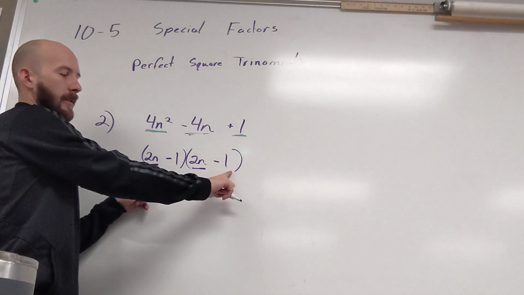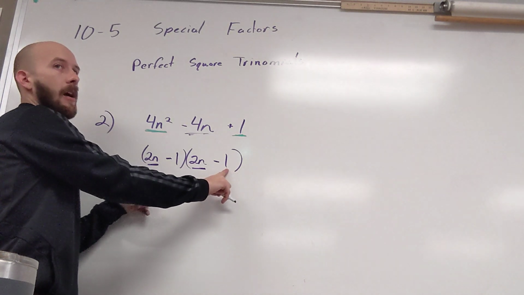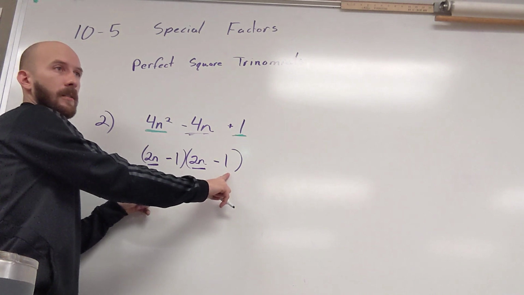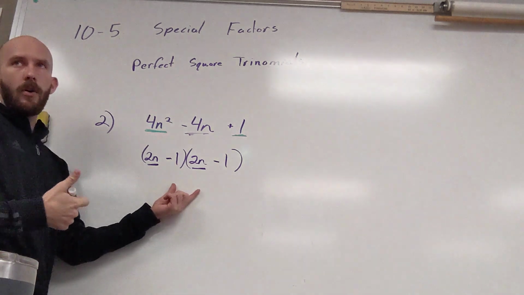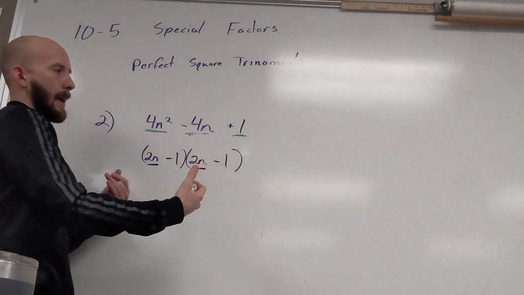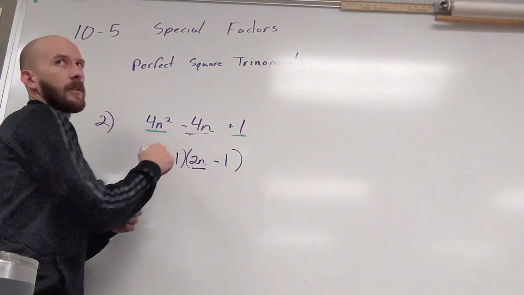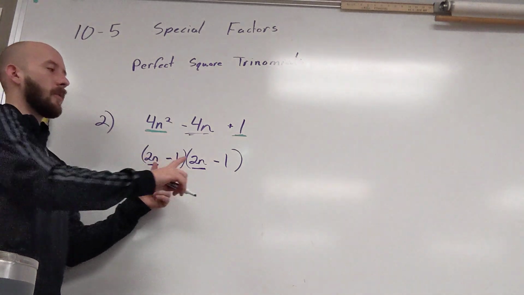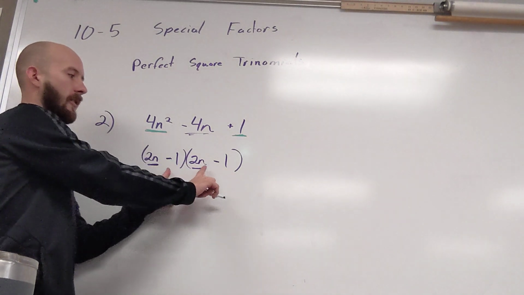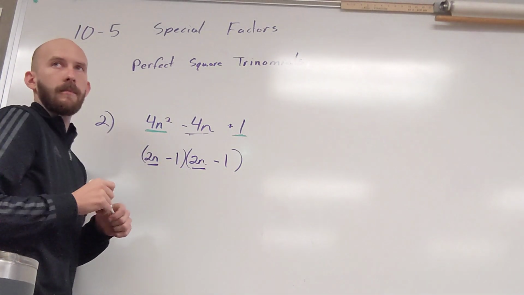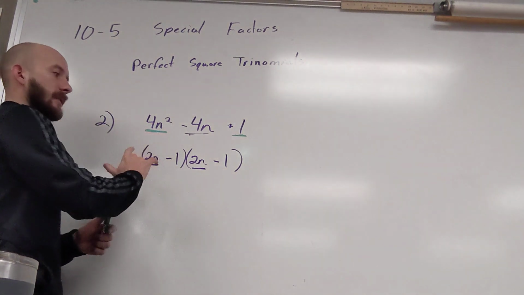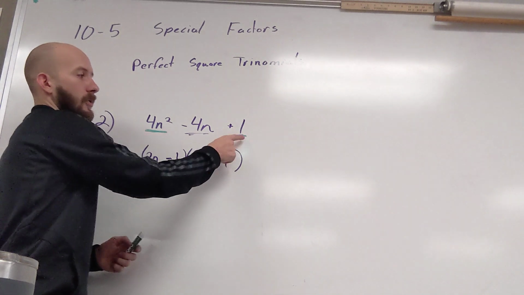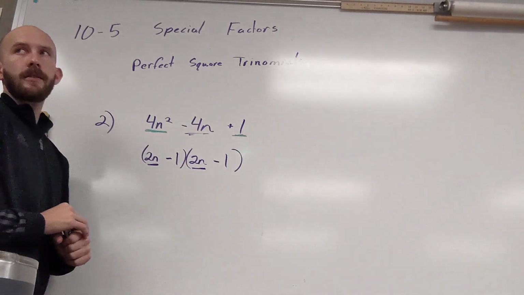The outer when I take this times this is negative 2n. Then the inner is also negative 2n, and when I combine those, that's where the negative 4 comes in. So it's not just these two numbers added together anymore because I have this multiplying the outer and the inner. But since these are going to be perfect squares, it's pretty easy to figure out what these numbers are just by that last number.